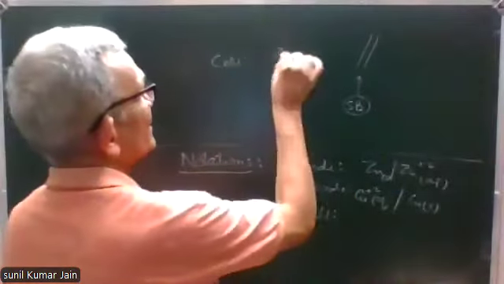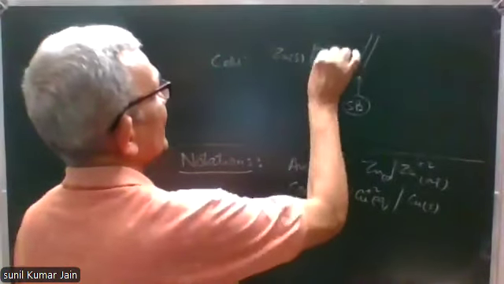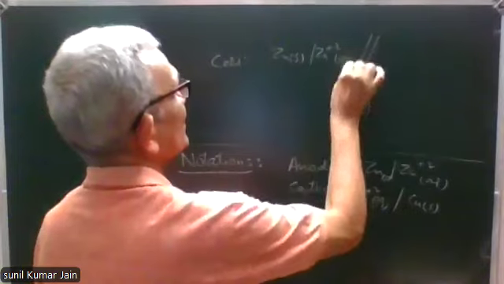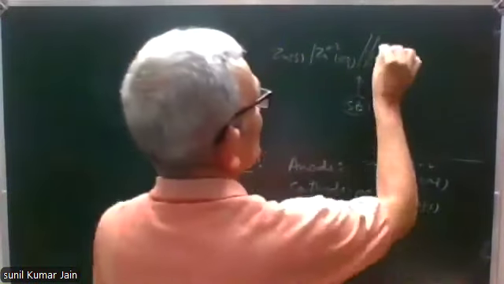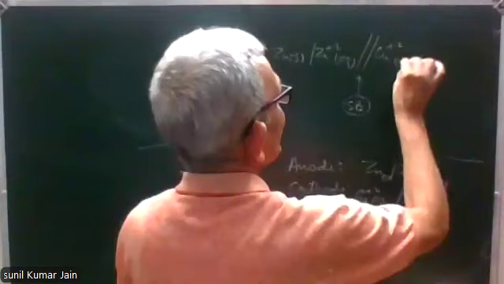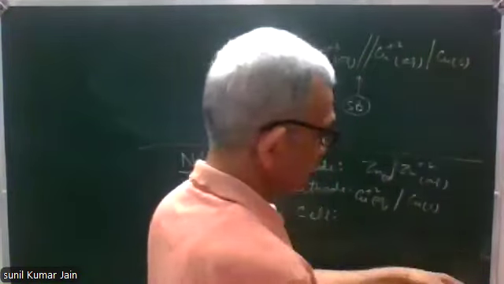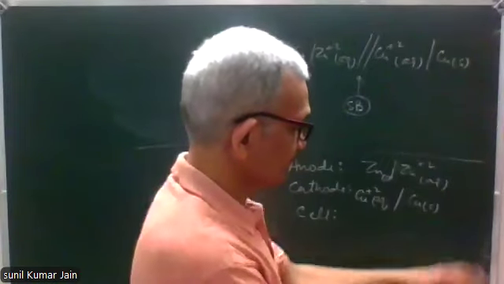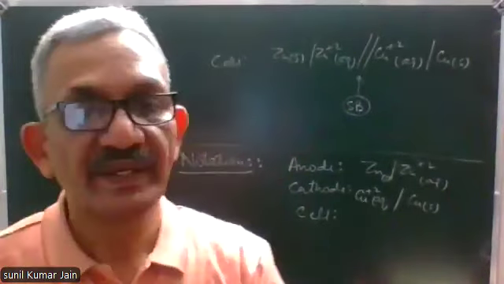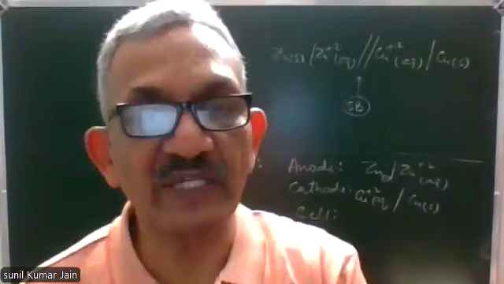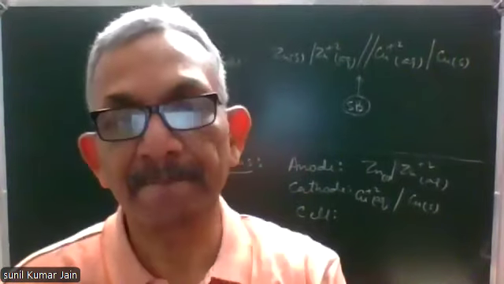So it becomes zinc solid slash zinc ions aqueous, salt bridge. After salt bridge, copper ions aqueous slash copper solid. So this is the notation of cathode, anode, and the entire cell.